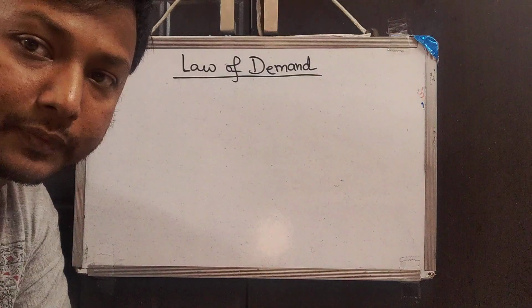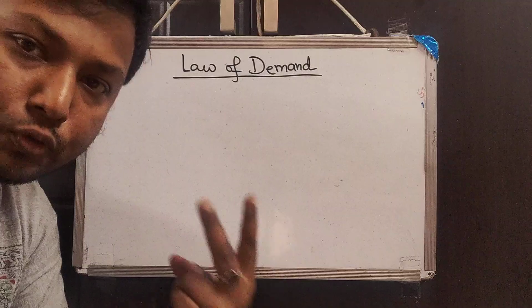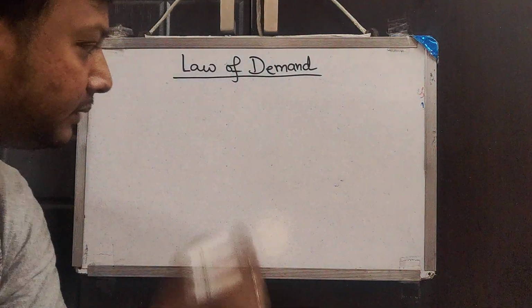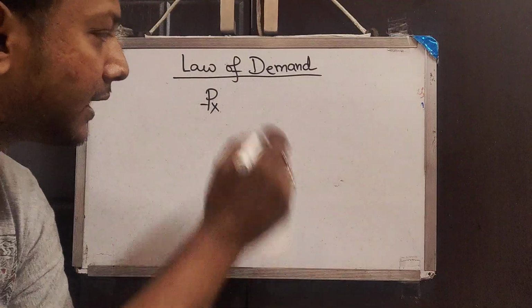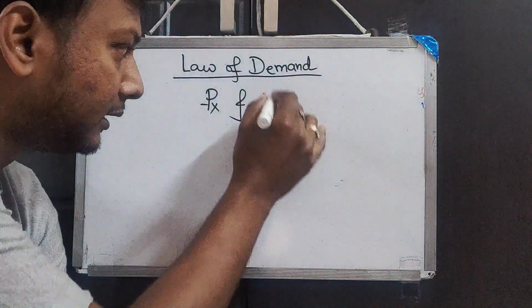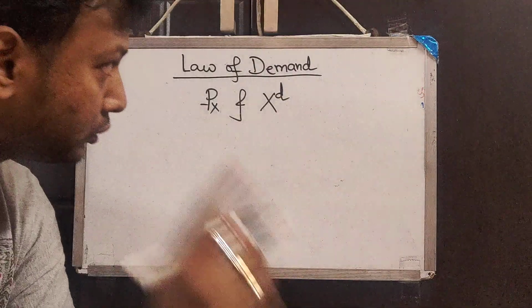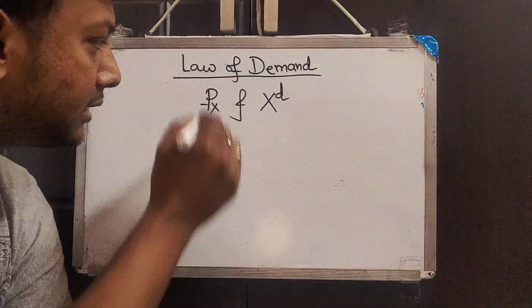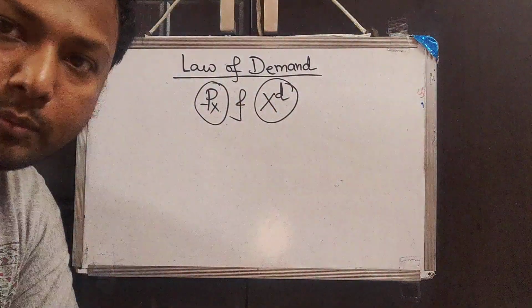Well, the law of demand is basically concerned about two variables. What are the two variables? Price of the commodity and the quantity demanded of the commodity. So the law of demand is actually concerned about price and the quantity demanded of the commodity.